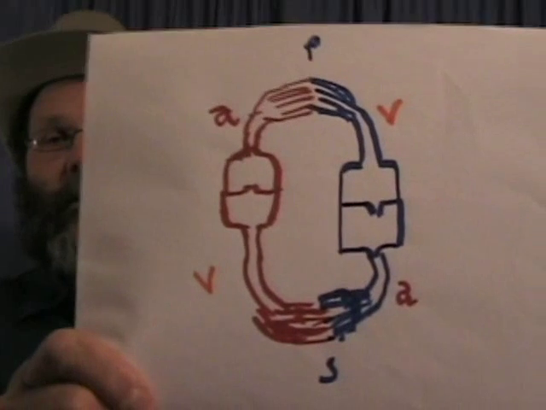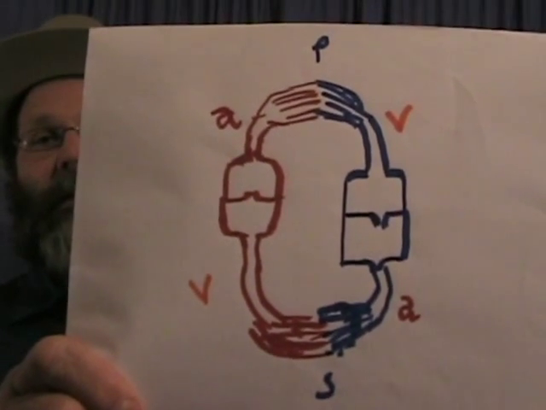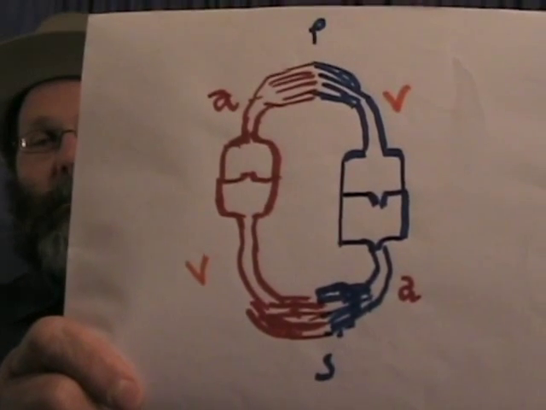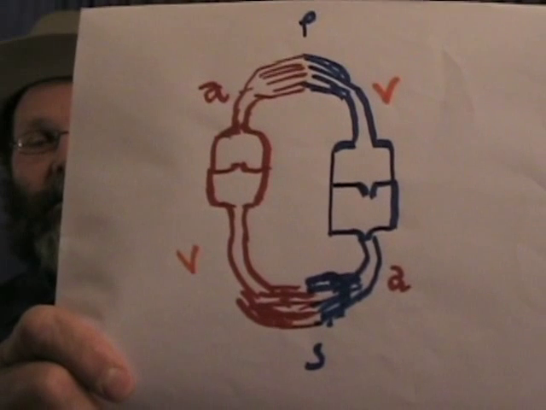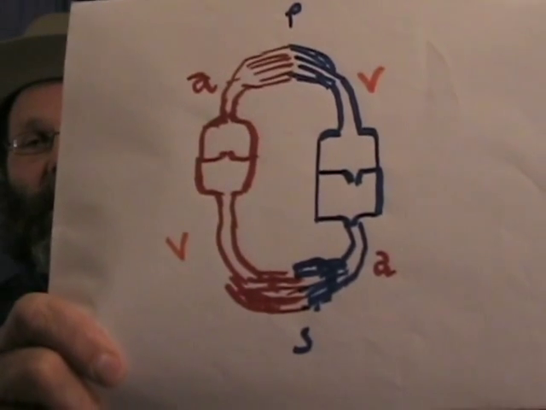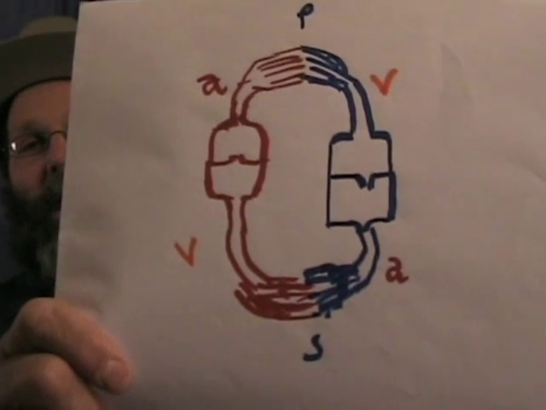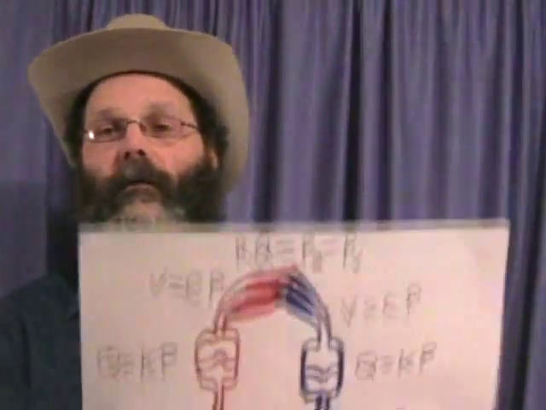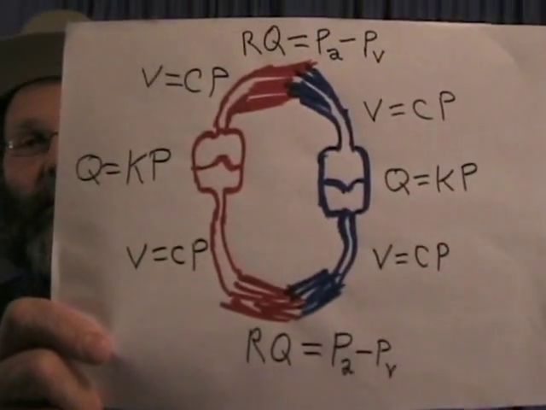Oh, I suppose. We can put it all together. So, we have two pumps, a left and a right. We have blood flowing on the pulmonary side, through the lungs and back to the heart. And on the systemic side, through the body and the tissues and back to the heart. If we take all of these pieces, it's all going to come together.